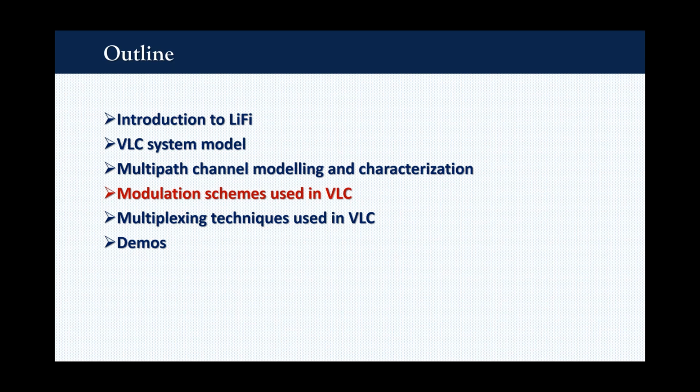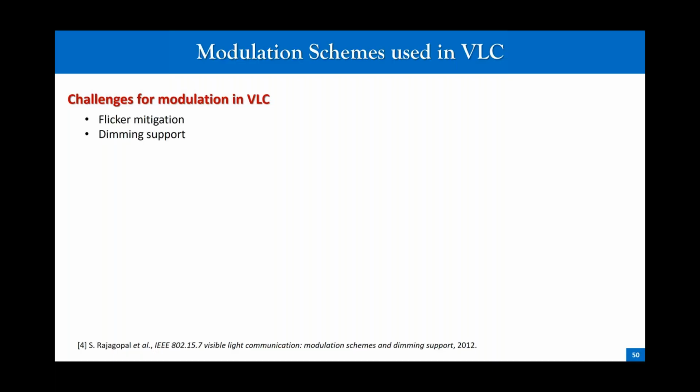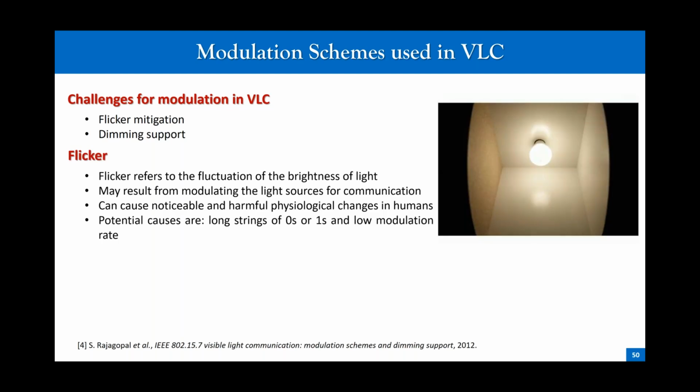Now let us look at the modulation schemes that can be used in VLC. I have said that the modulation schemes that we need to use should support dimming and flickering. Okay, so flickering refers to the fluctuation of brightness of light. Sometimes if long streams of ones and zeros are available at your transmitter, you can see the LED flickers like this, and this is really bad.